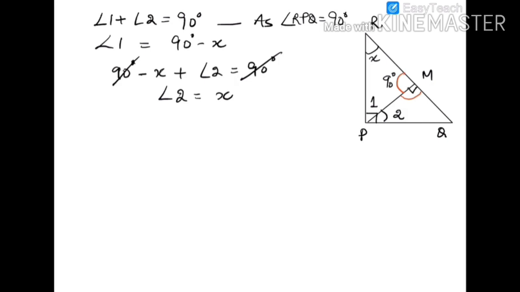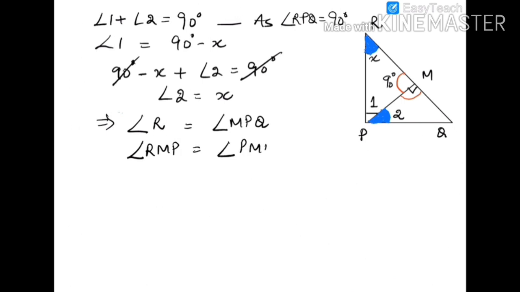So what does this imply? This implies that angle R is equal to angle MPQ, because we have just shown that angle 2 is equal to X. And we have shown earlier that angle RMP is equal to angle PMQ.